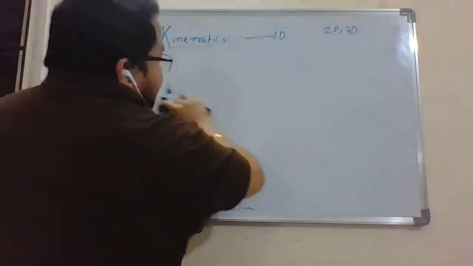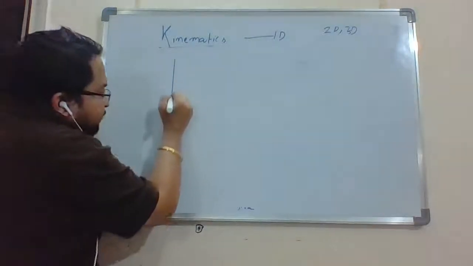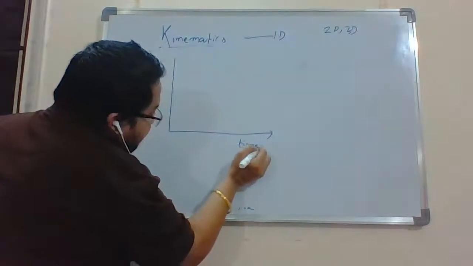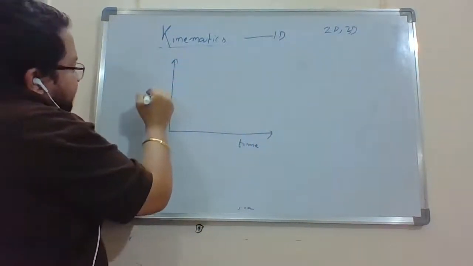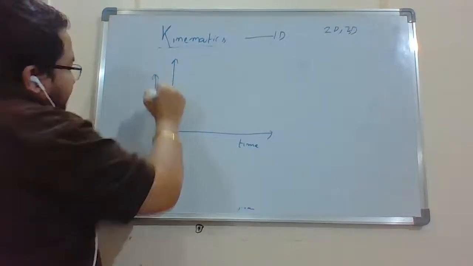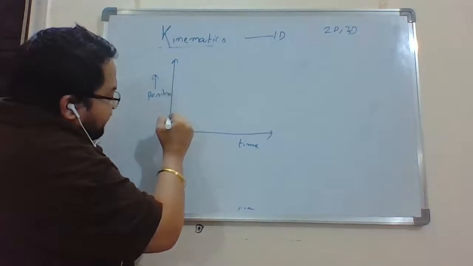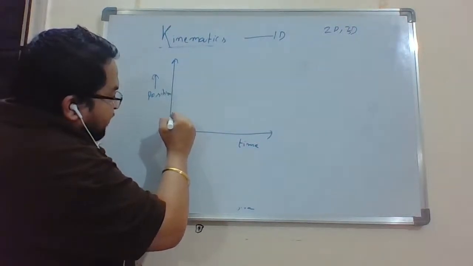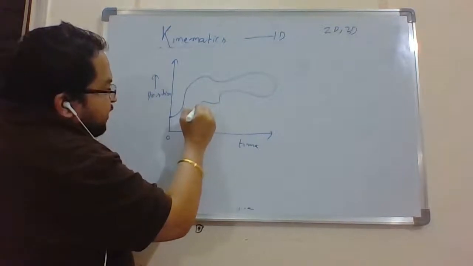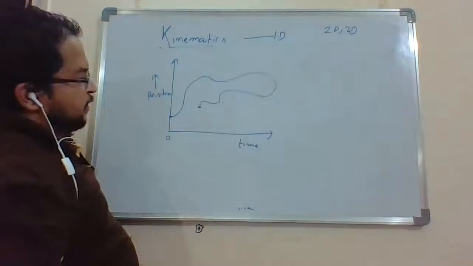Let us go to the same example. Time, and say this is your position. This is the origin O. Initially the bird was here, then it flew like this, like this, like this, and it came back and probably sat at a different point.